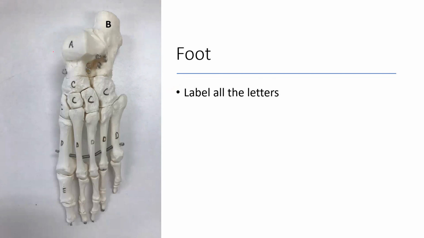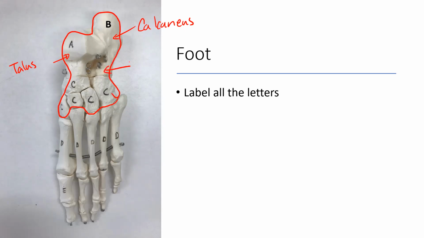Over here, A is the talus, which is part of your tarsals. B is your heel bone, or calcaneus. Basically all these, including the talus and the calcaneus, are your tarsals. So 1, 2, 3, 4, 5, 6, 7 tarsals.